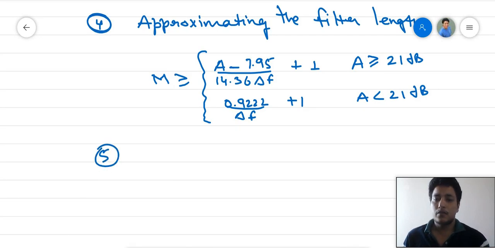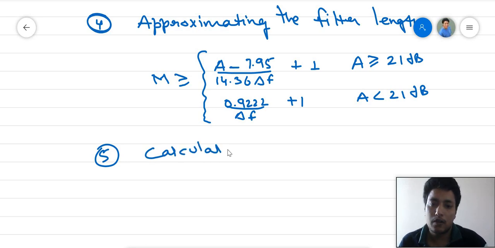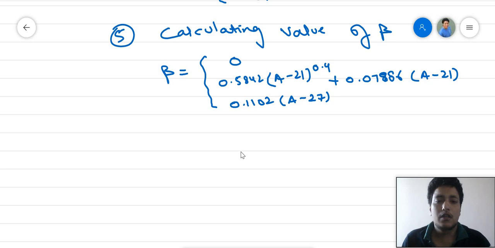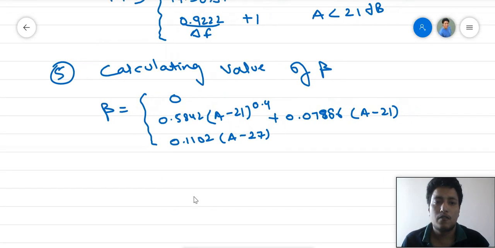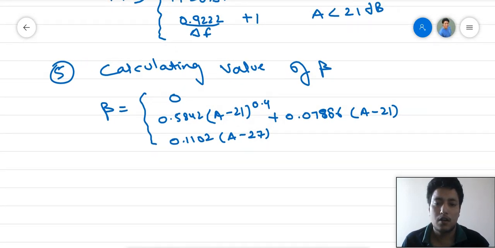Fifth point is calculating the value of beta. Beta is given as this, where beta will be equal to 0 when A is less than or equal to 21 dB.